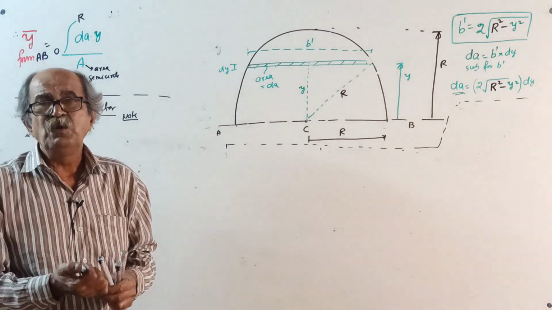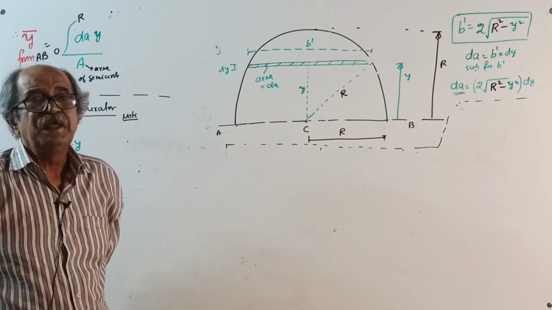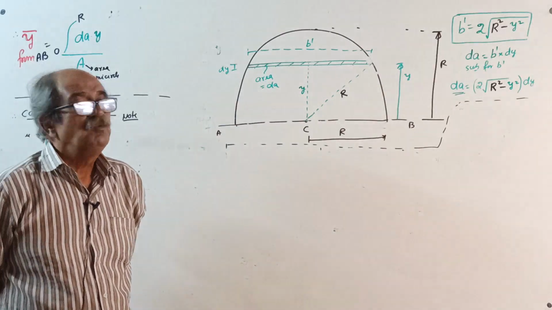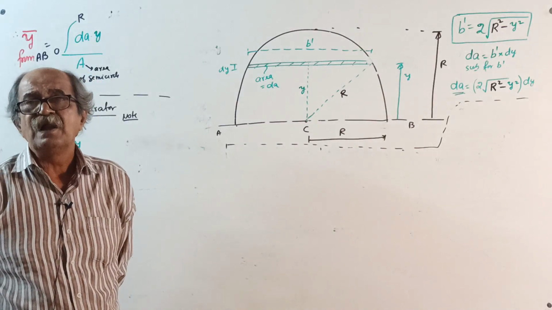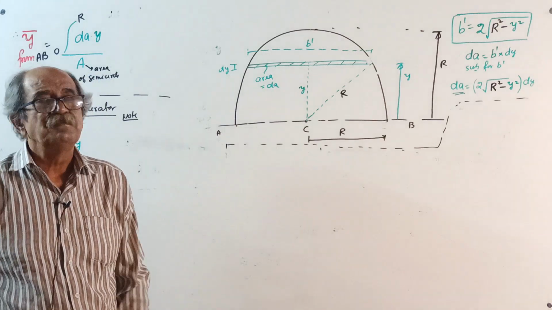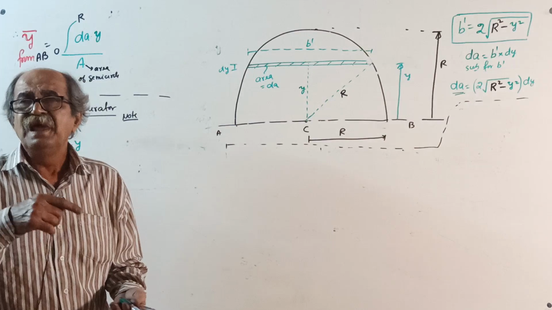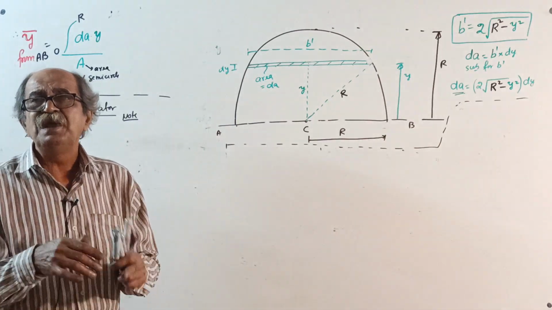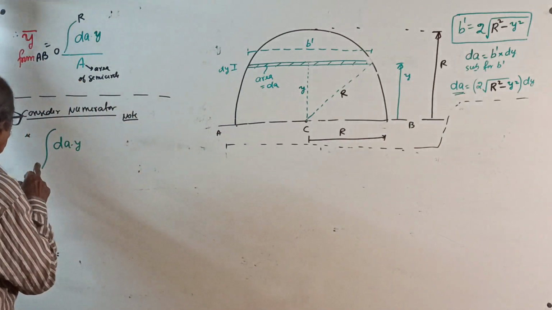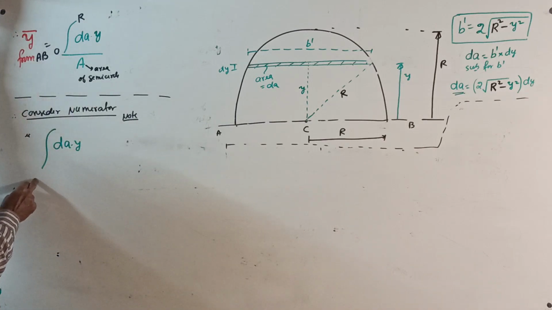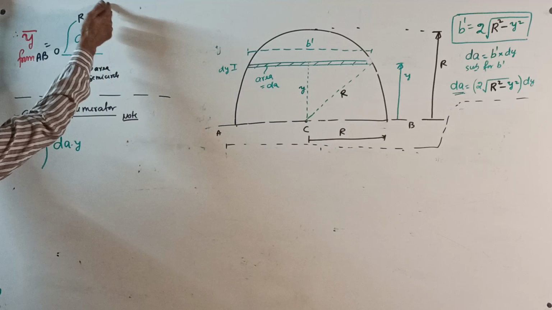When some t comes in, the y limit is 0 to r. The limit for t will change, but we won't write it, because later we will come back to y. It is only an adjustment. So you do not write 0 to r here. You write it later.